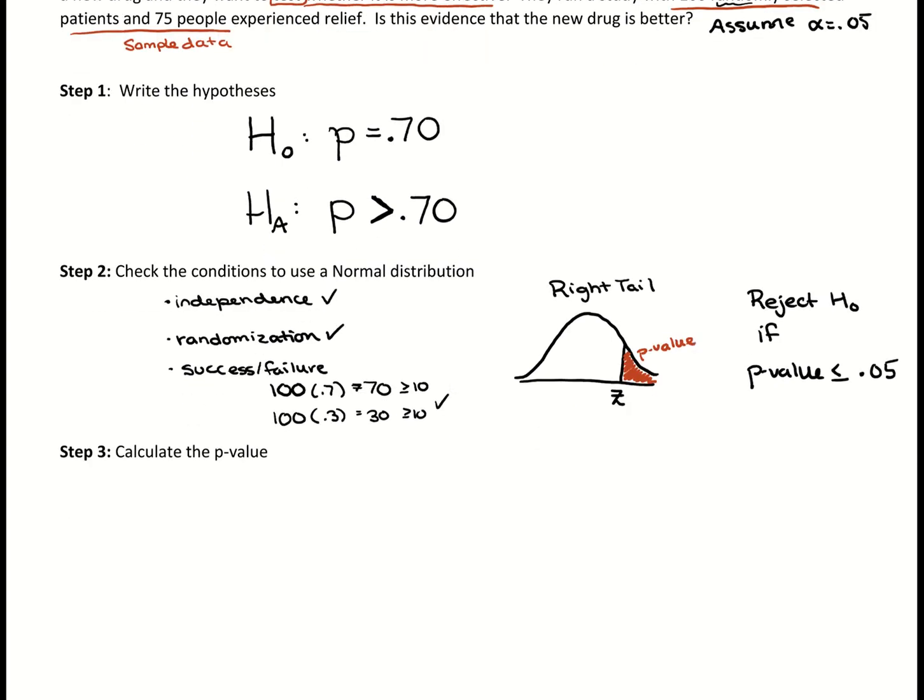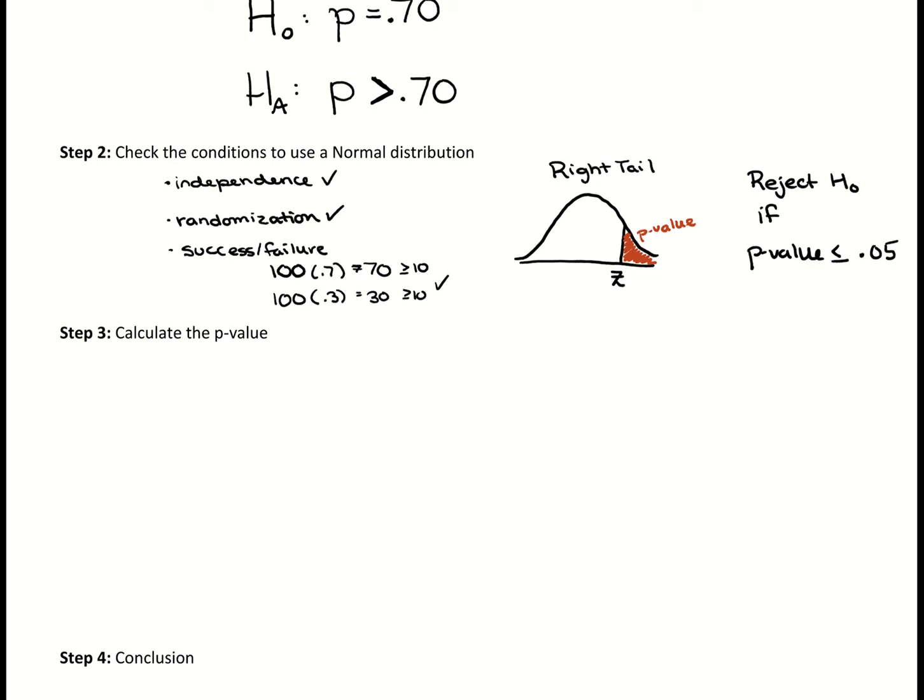All right, now calculating the p-value. We want to find our z-score. To find our z-score, we need to look at the sample proportion that we found here. So that's 75 out of 100, which is 0.75. So when we go to make our z-score, we're going to take 0.75 minus our hypothesized proportion over that standard deviation formula.